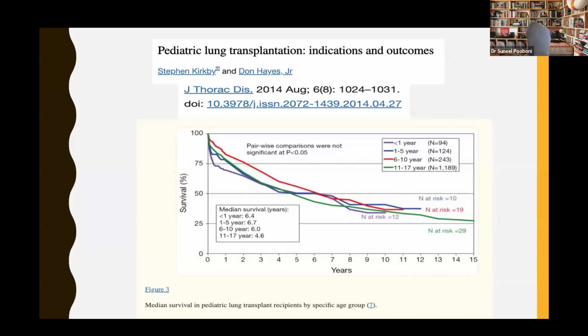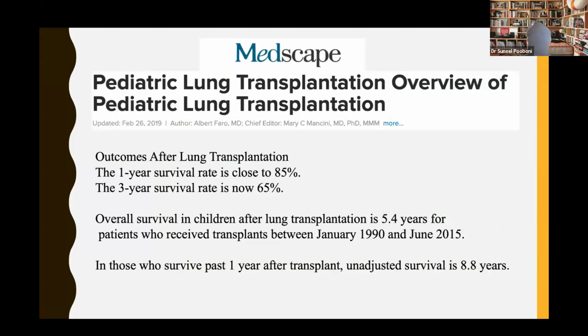There is a 5 year survival rate up to 25%, 35%. It can fall down with time period, but generally at 5 years it is 50% survival post transplant. As the time goes by, the rate will come down also.